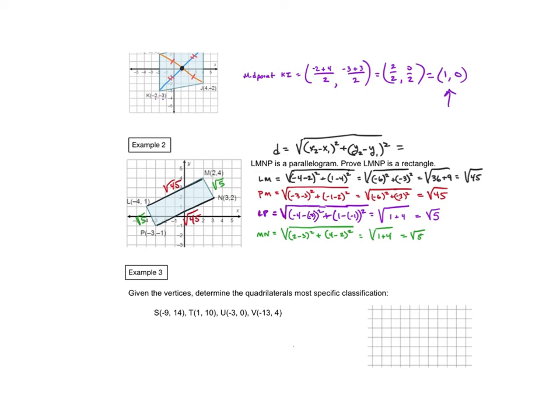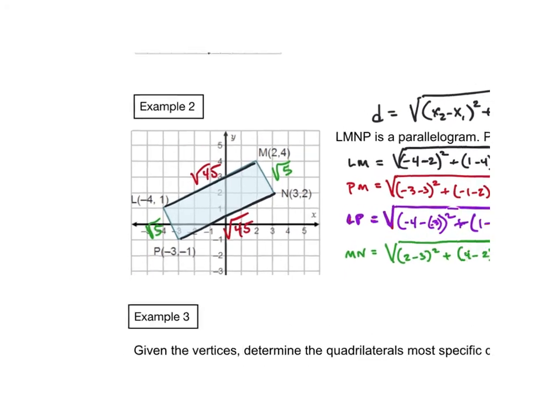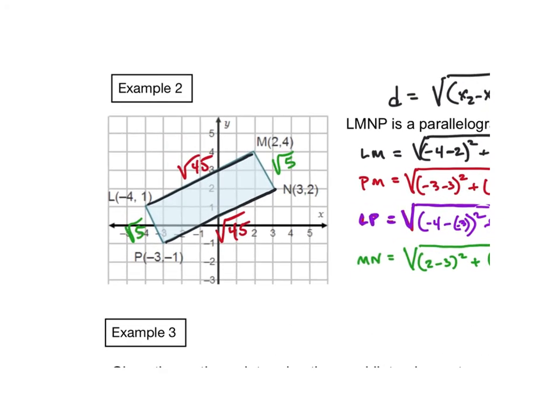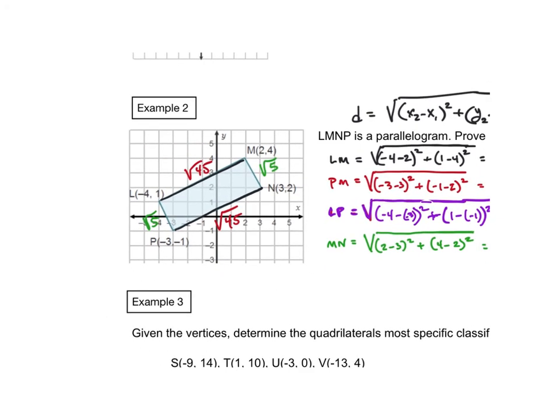Now to find out that they're parallel, we could do the slope formula, or since I can see this, I can see the slope of ML, the slope of PN, the slope of LP, and the slope of MN.